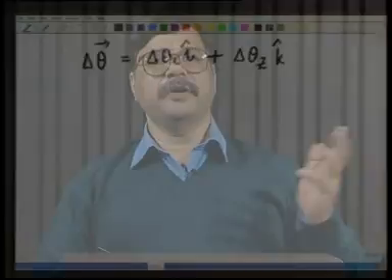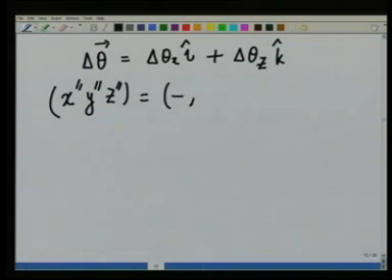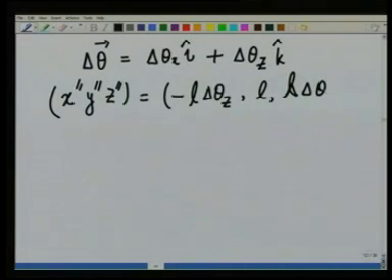It does not matter which order I apply in, I still get the same answer: x double prime, y double prime, z double prime equal to minus L delta theta z, L, L delta theta x, which I can write as the original 0, L, 0. This was the initial vector.